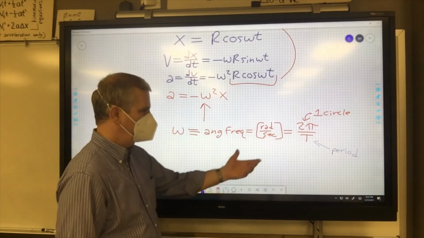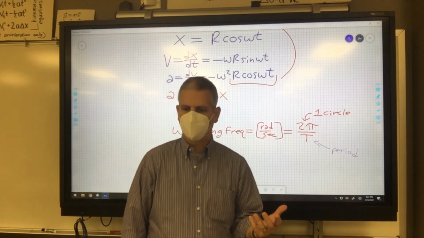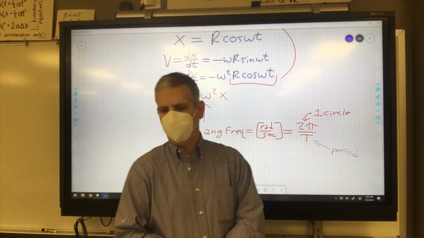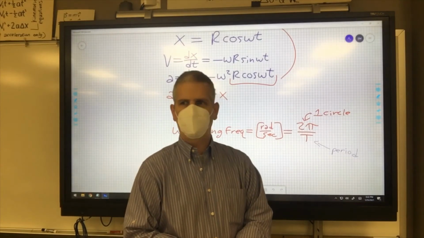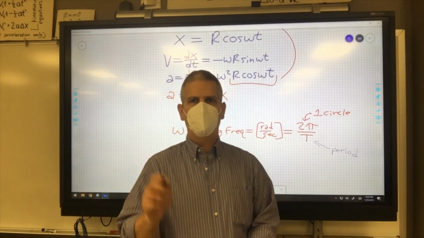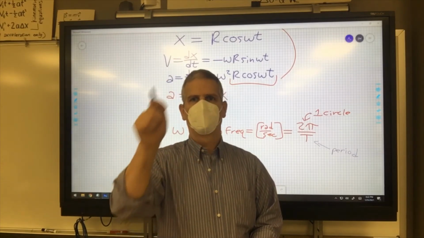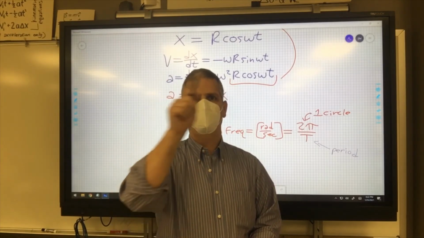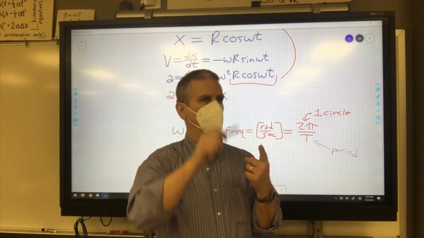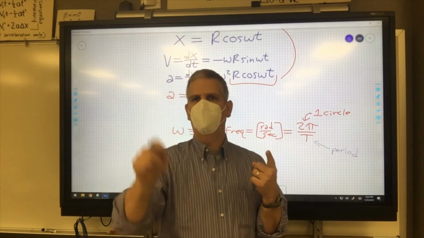So let's talk about this period. In some years, actually in the future, with the AP 1 no longer teaching this in first year, I'm going to have to teach this from the ground up. So if you think about an object going around in a circle, start, 1, 2, it keeps doing the same thing over and over again.